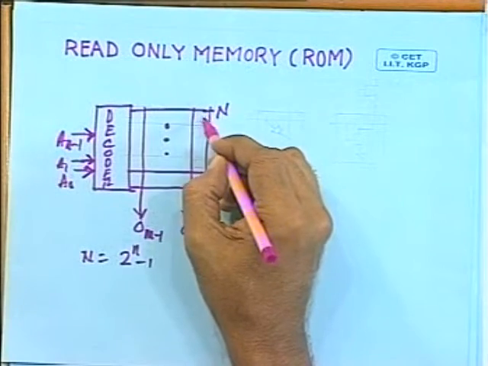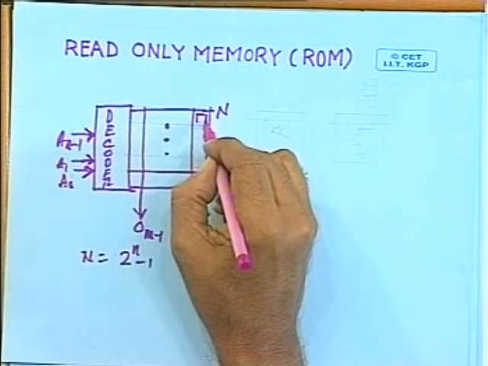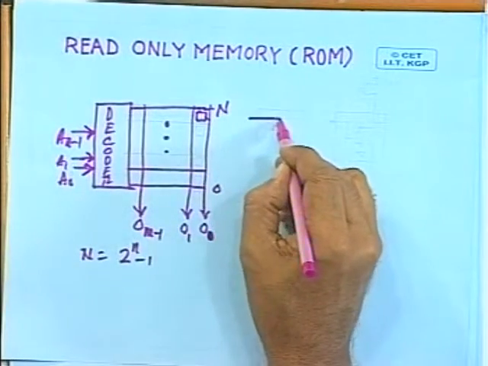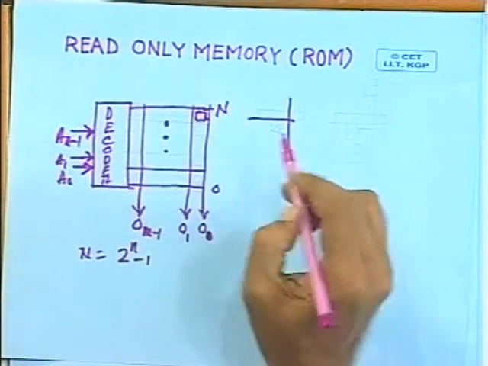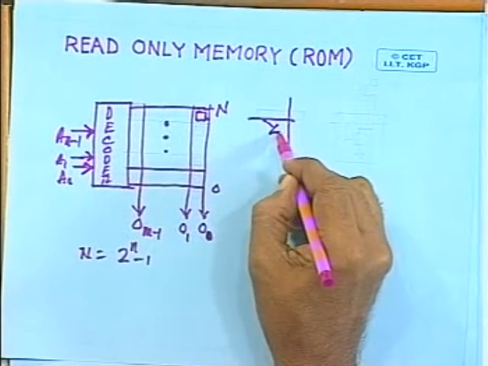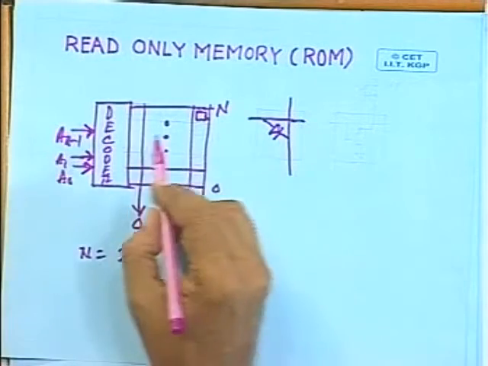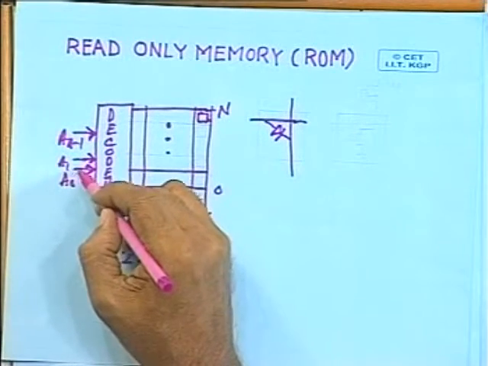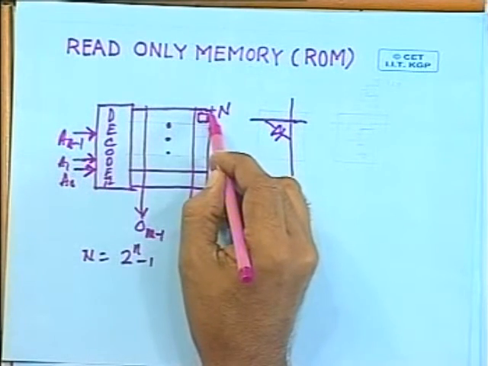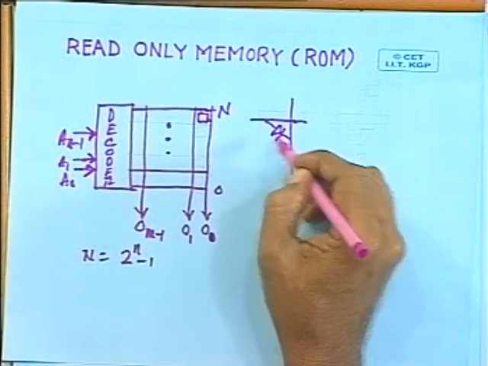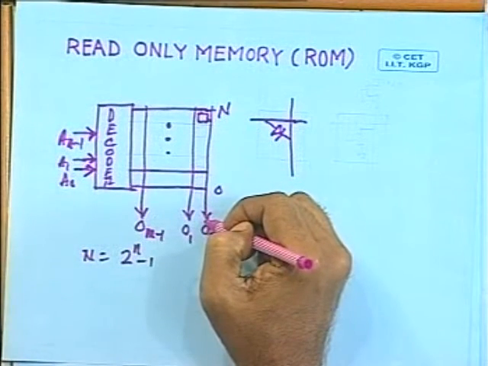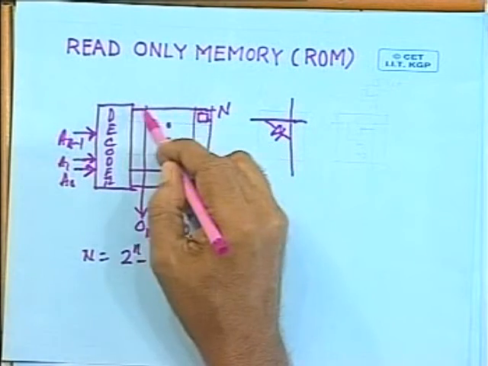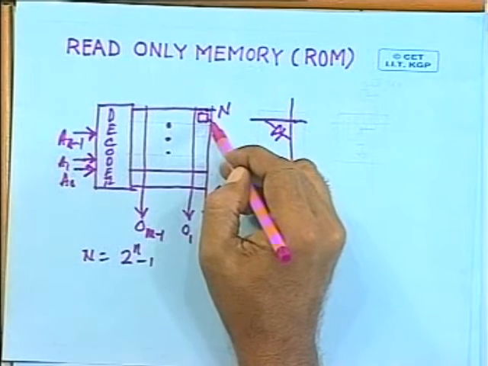Then at each junction you have a cell where the information is stored. In the simplest form, I have blown it up, it can be a diode. That means whenever you have applied an address and this particular line is selected, this is 1, then through this diode that 1 will come to this output. So if this diode is present, then the information on this decoded line will come to this output.